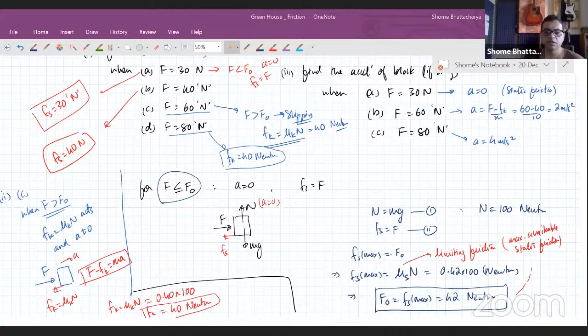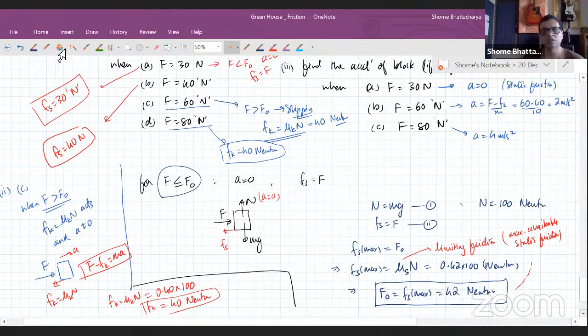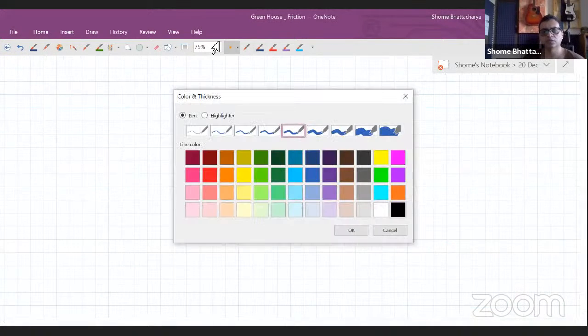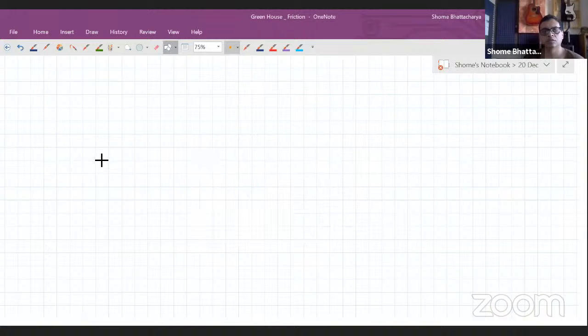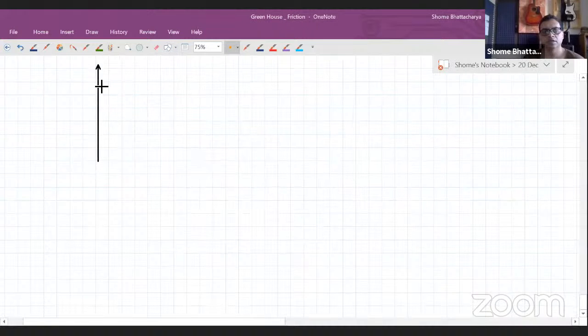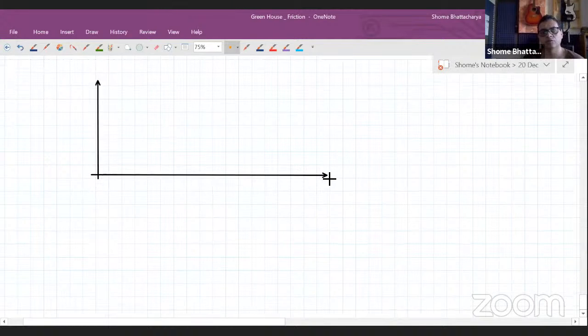Okay, so hope all the parts are clear. So another thing we can observe now is that suppose we again compare the graphs of force versus time.